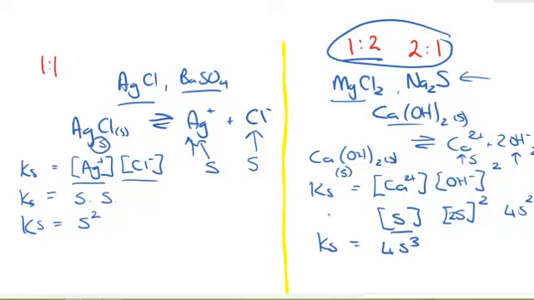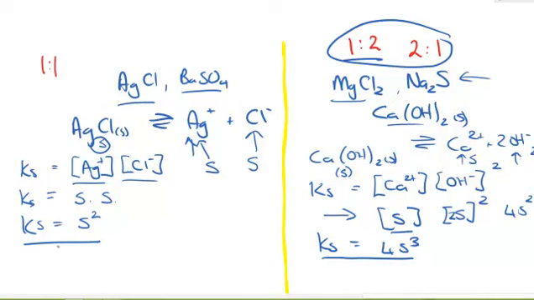Now if this little bit confuses you, you don't have to worry too much. All you need to know is in a 1-to-1 ion situation, Ks equals S squared, and if it's a 1-to-2 ion or a 2-to-1 ion, Ks equals 4S cubed.